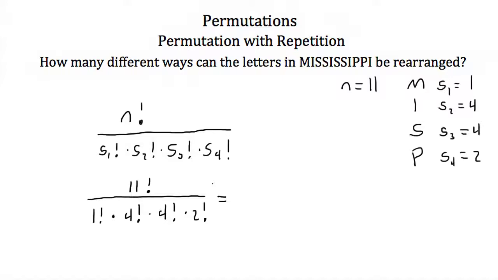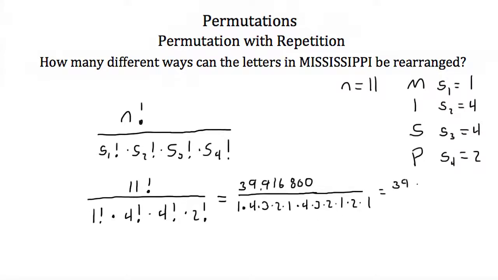Well, 11 factorial is 39,916,800. This is divided by 1 factorial, well that's just 1. 4 factorial would be 4 times 3 times 2 times 1. And 4 factorial again would be 4 times 3 times 2 times 1. And that's multiplied by 2 factorial, or 2 times 1.